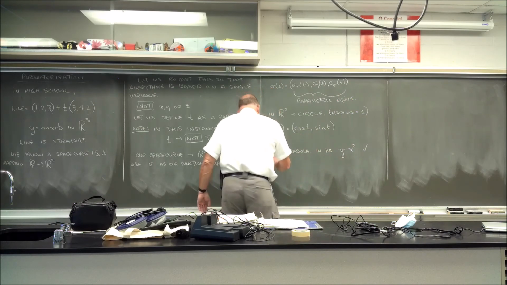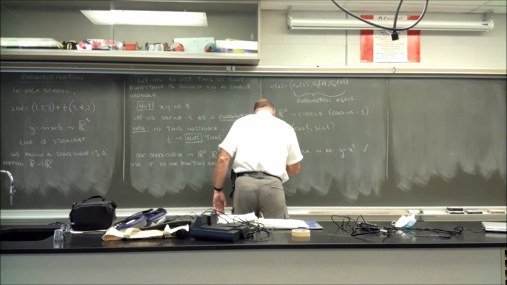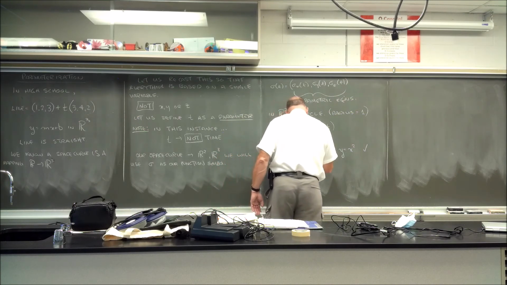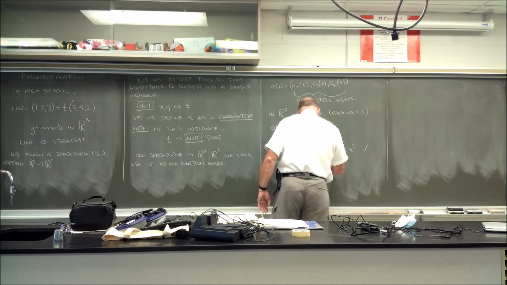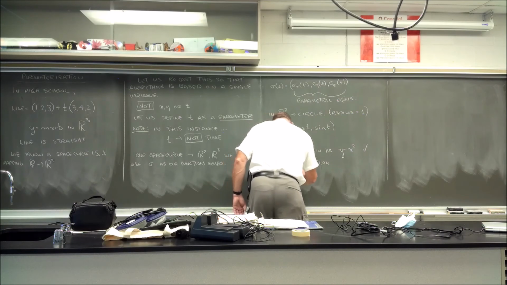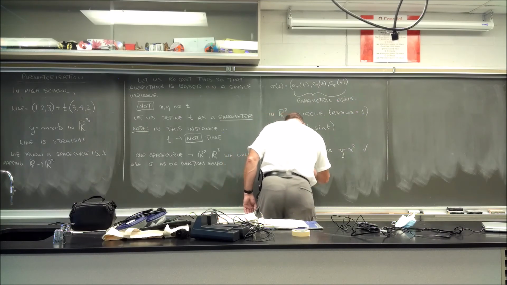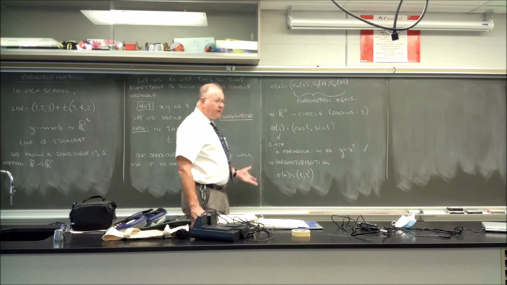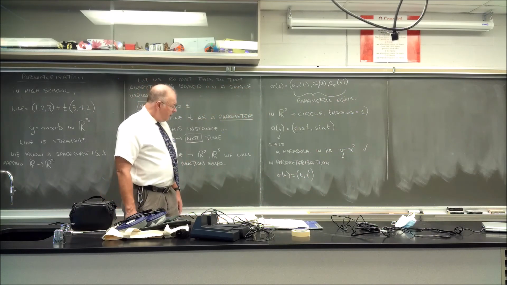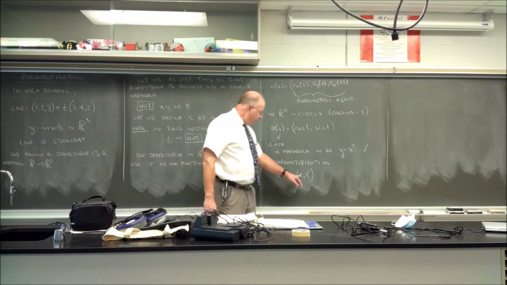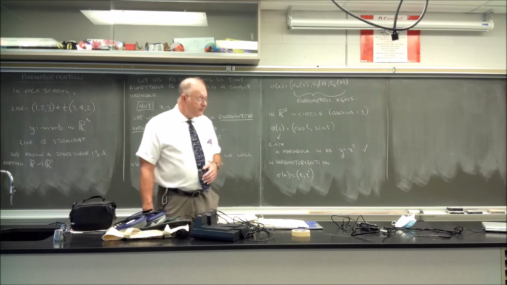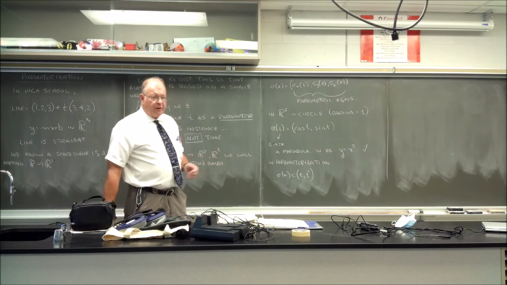So in parameterization, sigma of t is equal to quantity t comma t squared. In this case, by coincidence, x and t are identical. They don't have to be, but they are in this case. And these are the parametric equations for your parabola.